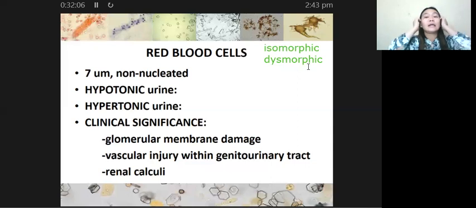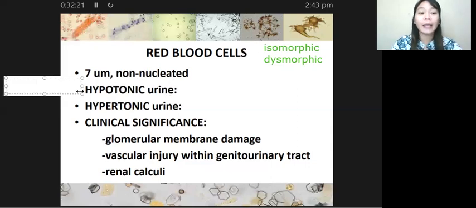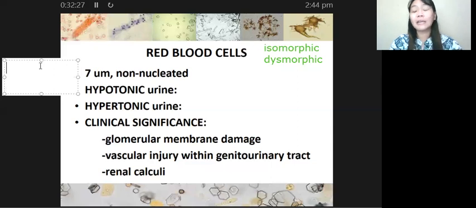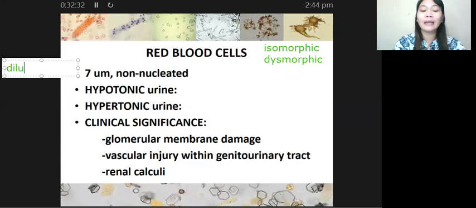Pag hypotonic po ang urine sample natin, ibig sabihin yung urine sample natin ay dilute urine.